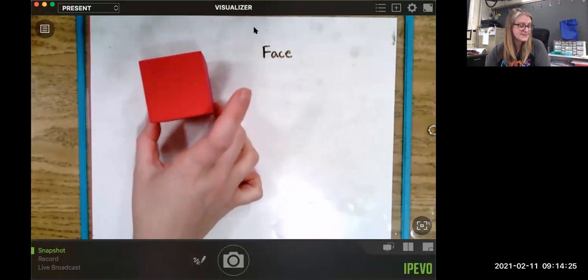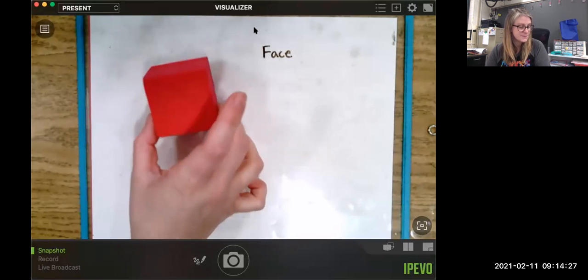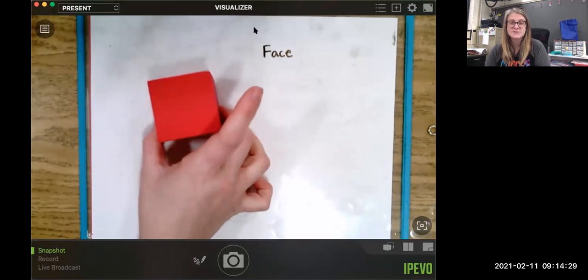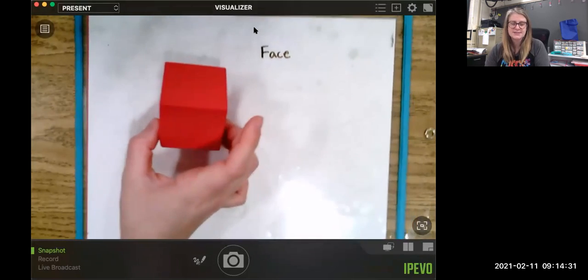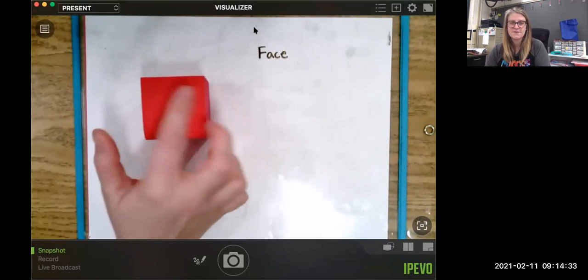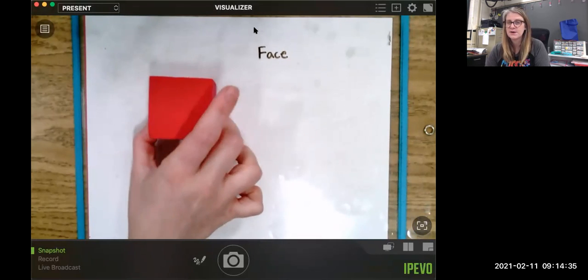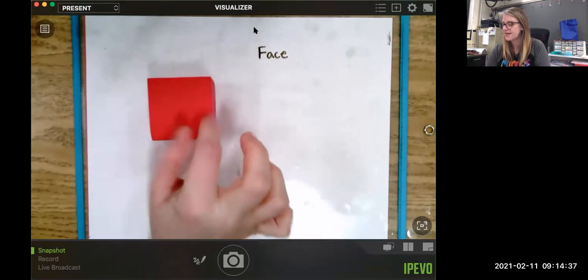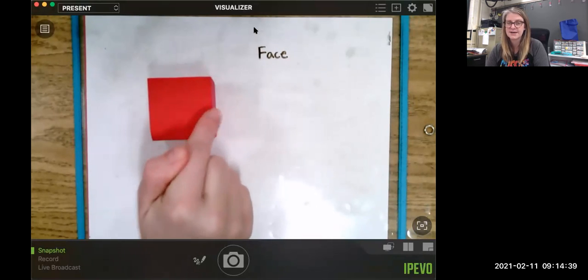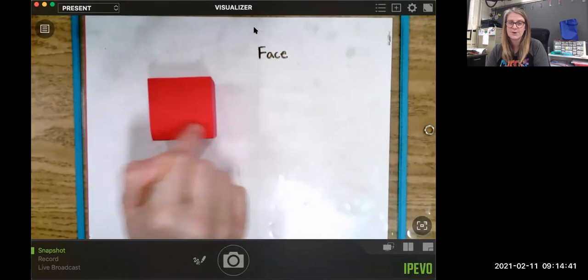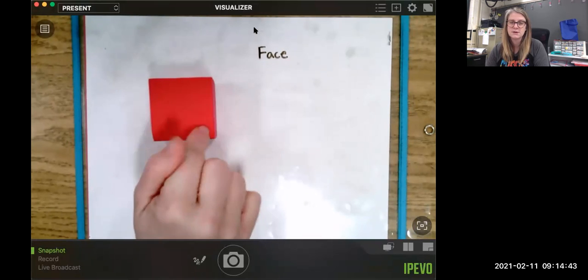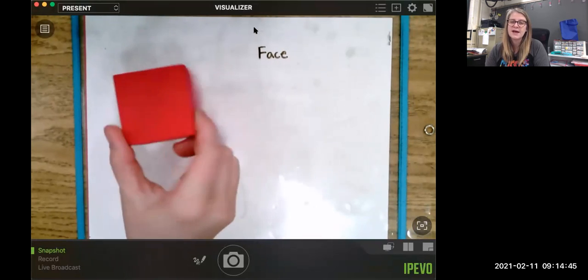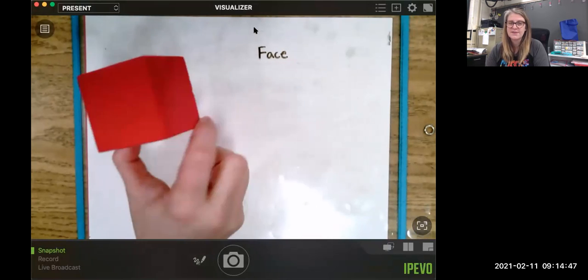So this cube has, what shape are its faces? The faces on this cube are squares. They have 4 equal sides and 4 right angles. Now tell me how many faces are on this cube?